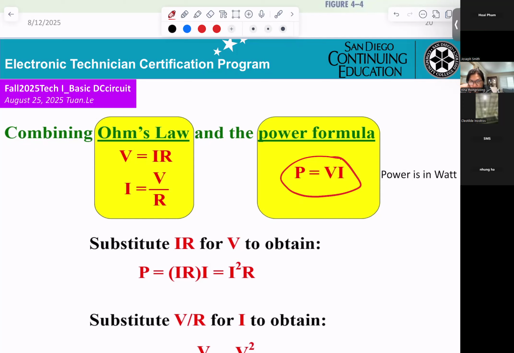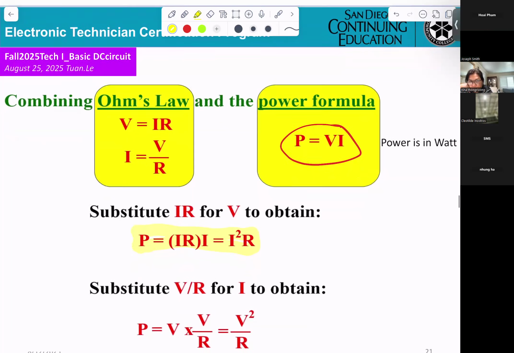150. And also they give a second formula. P equals I squared times R. Okay, that's the same power calculation.